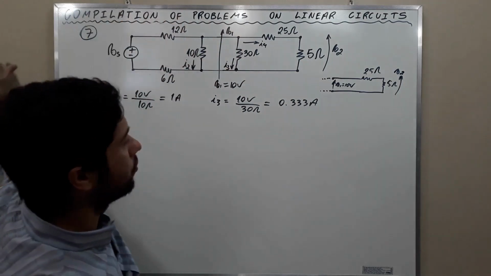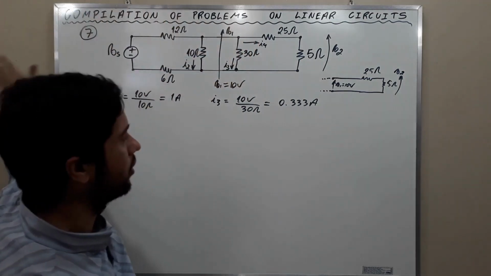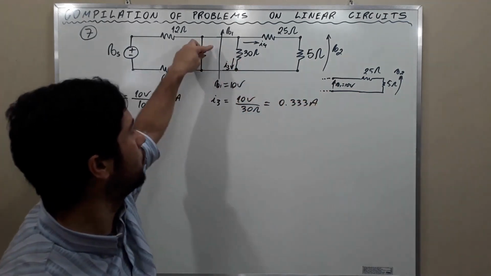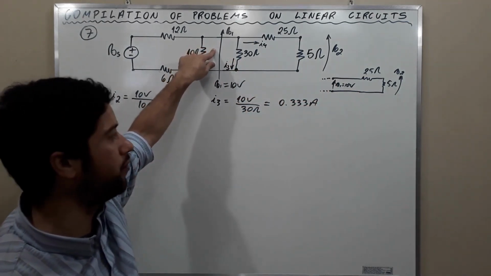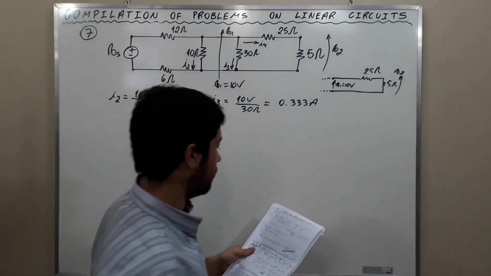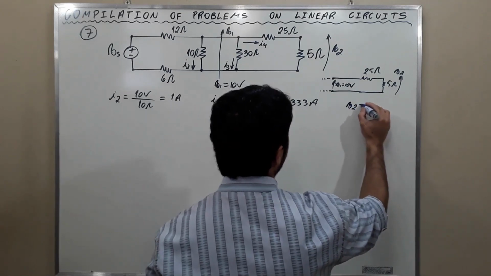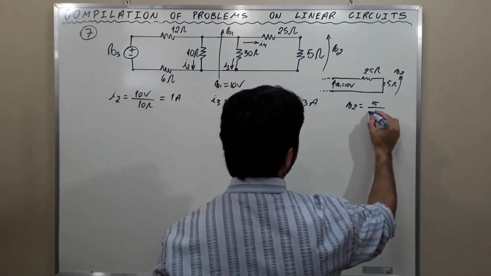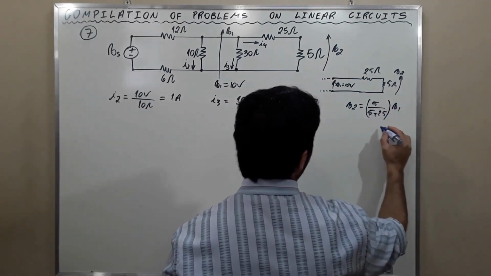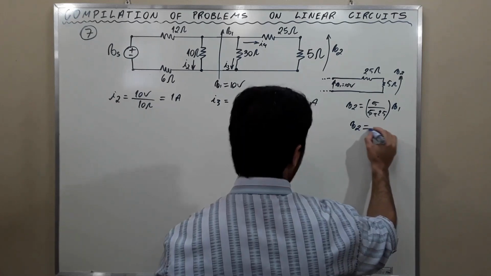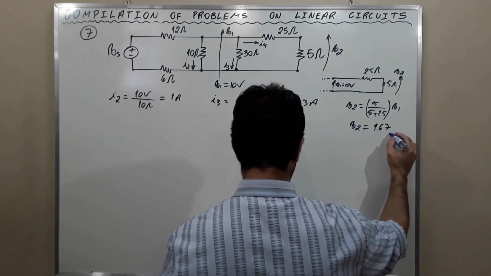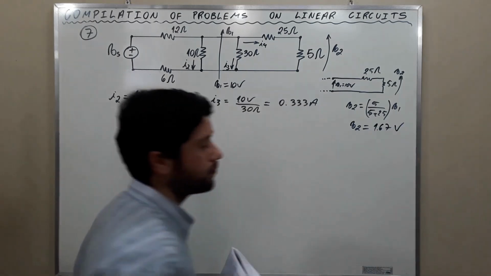We do not need to worry about what is here. To calculate V2, it is enough to know the value of V1. We apply the voltage divider rule and we find that V2 is equal to 5 divided by 5 plus 25 times V1, and this gives a value of 1.67 volts.